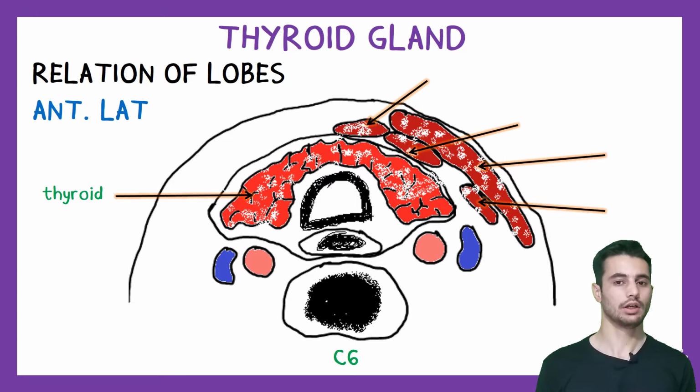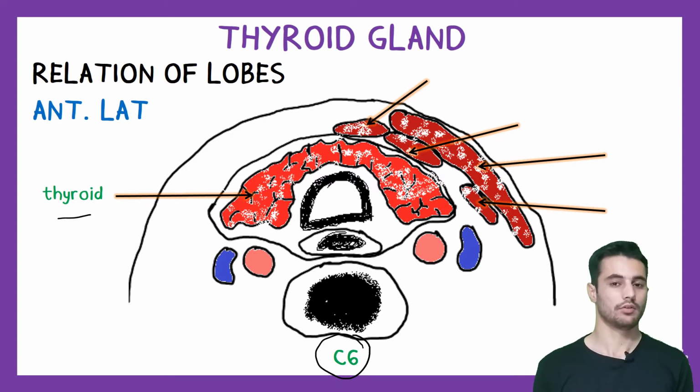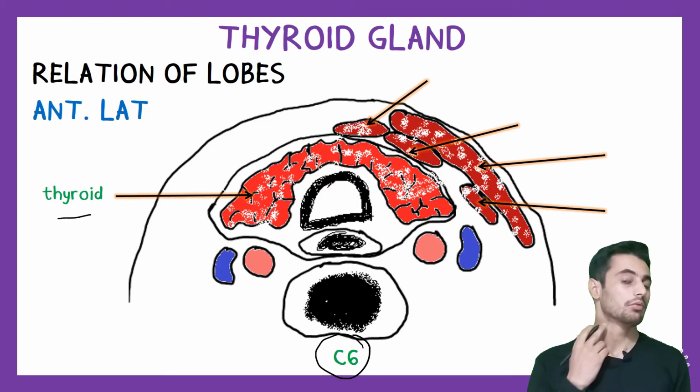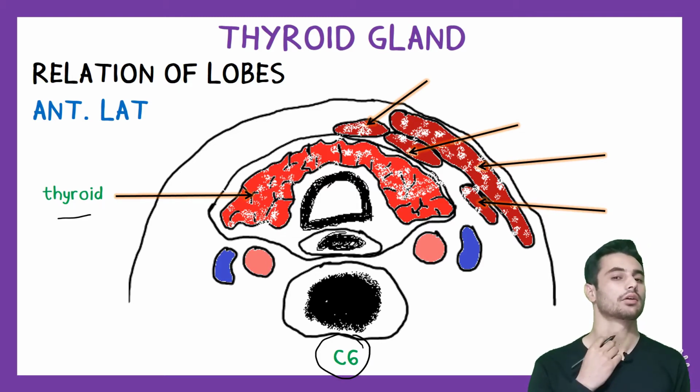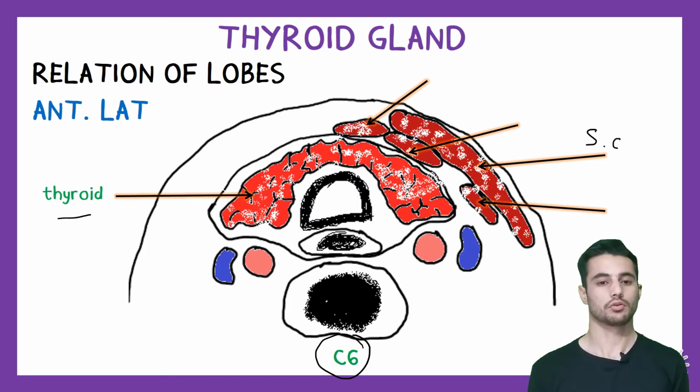Let's have a look at the anterior relation of this thyroid gland. This is the cross section at the level of the C6 cervical vertebra. This is the thyroid gland, which is shown in red color, and anteriorly, more specifically anterolaterally, we have a group of muscles. This is the very prominent muscle in your neck, which is known as the sternocleidomastoid muscle.